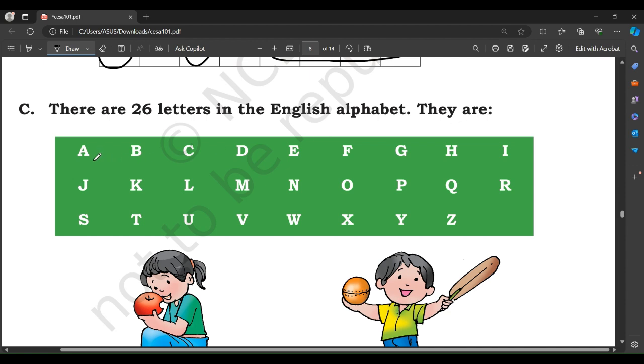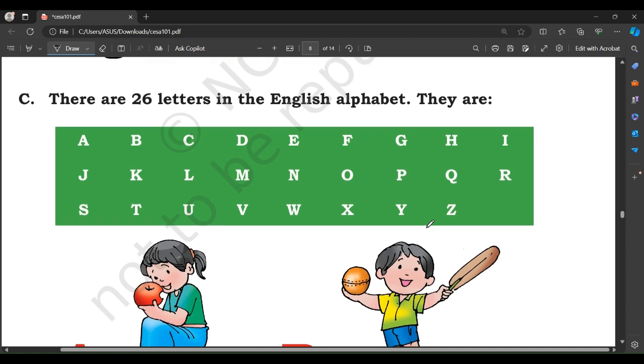They are A, B, C, D, E, F, G, H, I, J, K, L, M, N, O, P, Q, R, S, T, U, V, W, X, Y, Z.